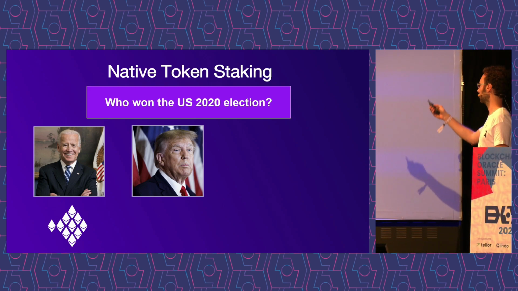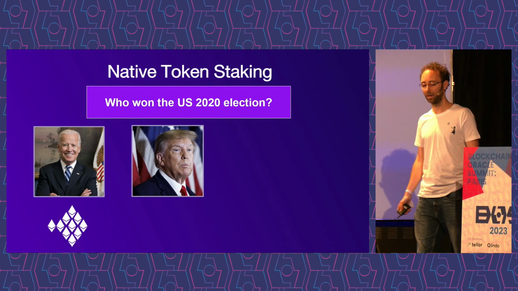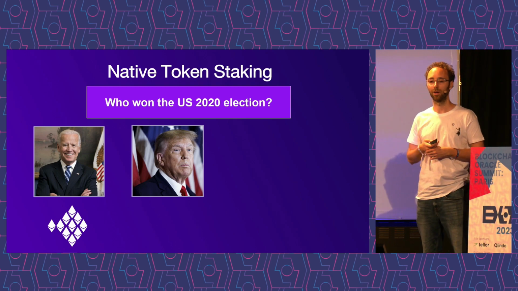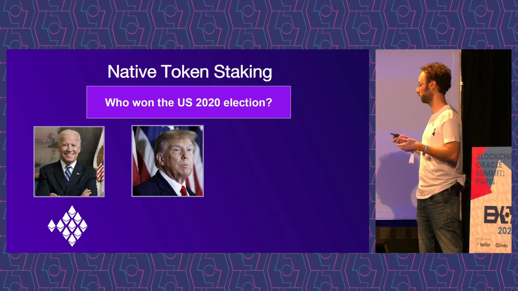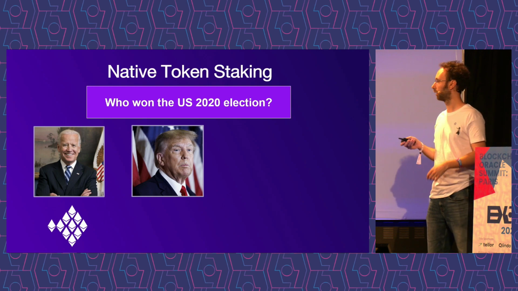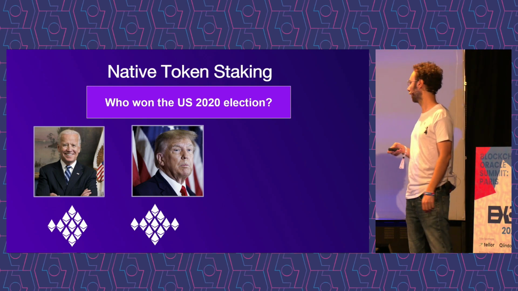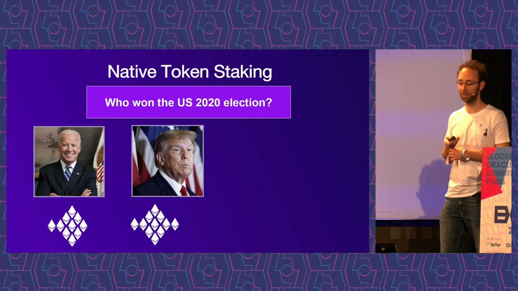Here we can have this question, who won the US election, and people can stake, in this case, on Biden. If no one tries to attack it, you're going to get Biden as a result. Now, how do you attack it? Well, you just need to have slightly more ETH than the honest parties.